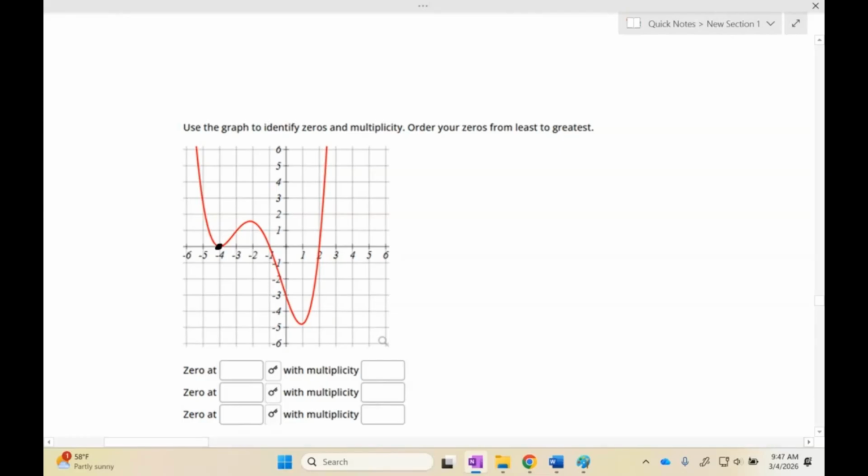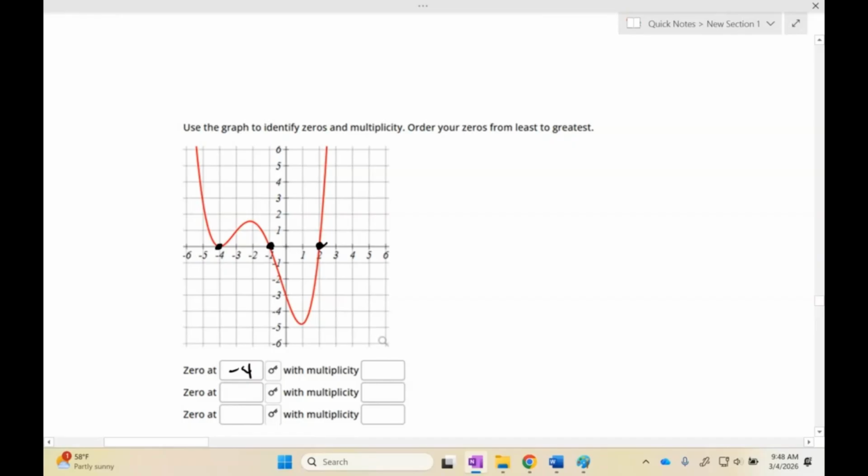There's also a 0 at -1. And then it looks like there's a 0 at +2. I'm only looking for where the graph hits the x-axis, not the y-axis. So we have a 0 at -4.